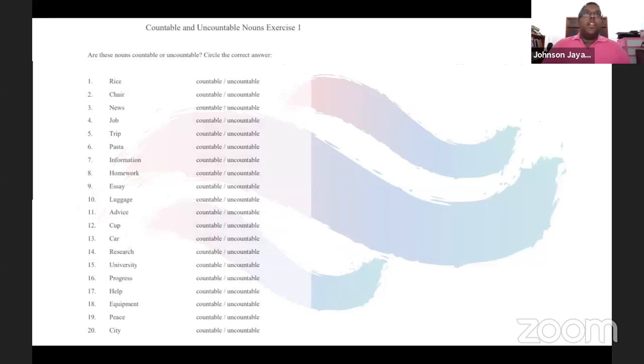Right, so countable and uncountable nouns. This is your next exercise. Are these nouns countable or uncountable? Circle the correct answer. There are 20 nouns here. Please go ahead.